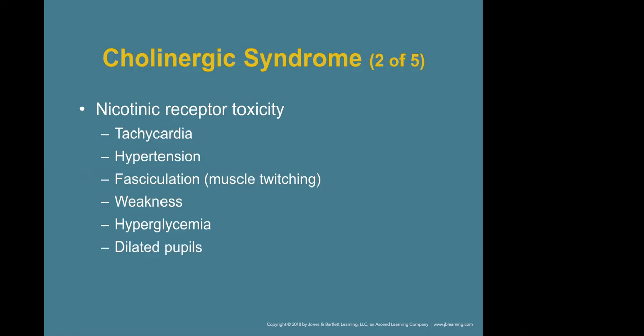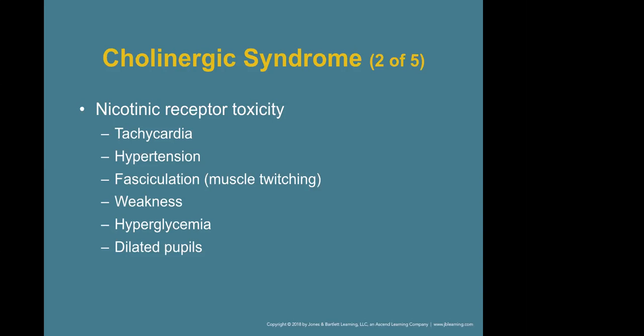So you can get tachycardia, hypertension, fasciculation, which I call meth twitchy. So you've seen those patients that are just a little twitchy. That's what we're talking about with the fasciculation. Weakness, very high blood sugar, and dilated pupils.